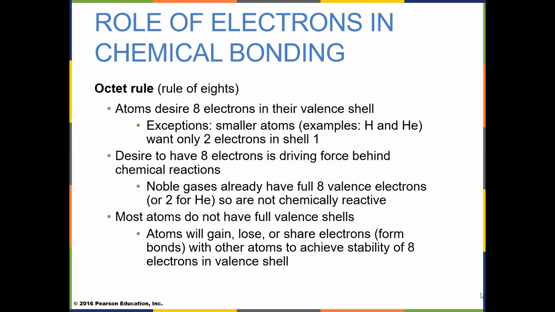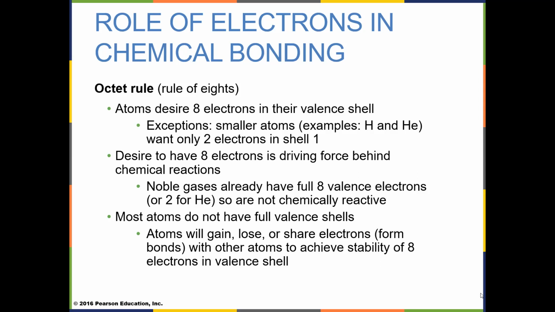Carbon, for example, has 6 protons. That means it has to have 6 electrons: 2 in the first shell, 4 in the second shell, with room for 4 more. What if there was a way for carbon to pick up more electrons without affecting the number of protons?